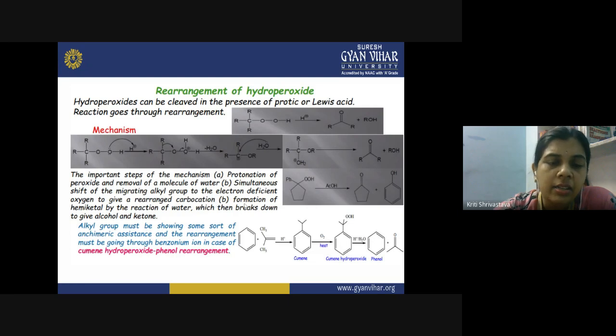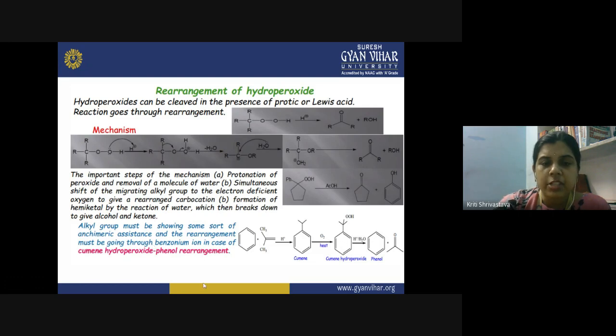Then the third step is formation of hemiketal by the reaction of water, and this hemiketal then breaks down to give alcohol and ketone. These are the four steps involved in the reaction.